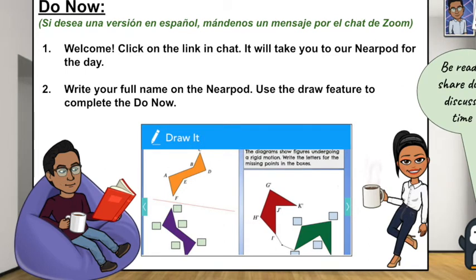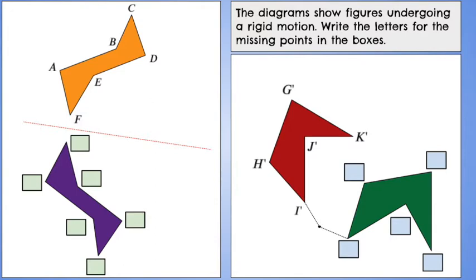Okay. So looking at these again, you were asked to think about the rigid motion that was performed and label the one with the boxes with the correct letters based off of the rigid motion, and about what you know when it comes to labeling a pre-image, the original, and labeling the image, the one after the motion. Okay, so let's take a look at a few of these.